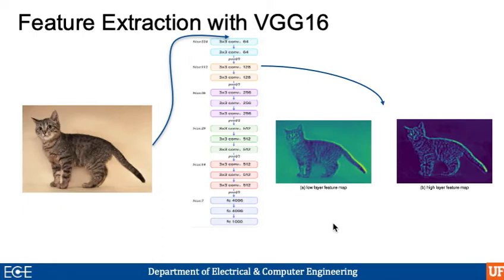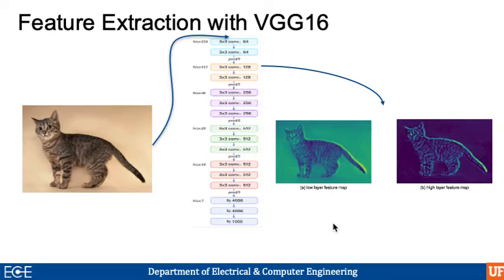So let's look into how VGG16 is successful, because it can generate feature maps and extract features layer by layer through convolution filters.